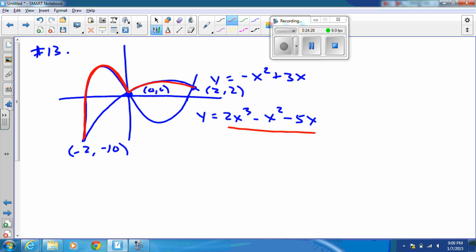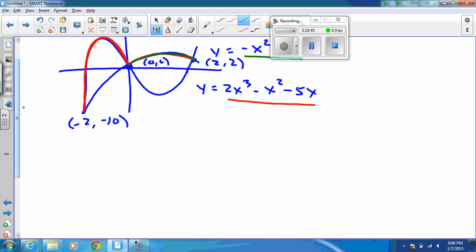From -2 to 0, my top curve is the cubic, y equals 2x cubed minus x squared minus 5x. As I go from 0 to 2, my top curve is equal to negative x squared plus 3x. Because of this, it is necessary that I set up two integrals as an evaluation.